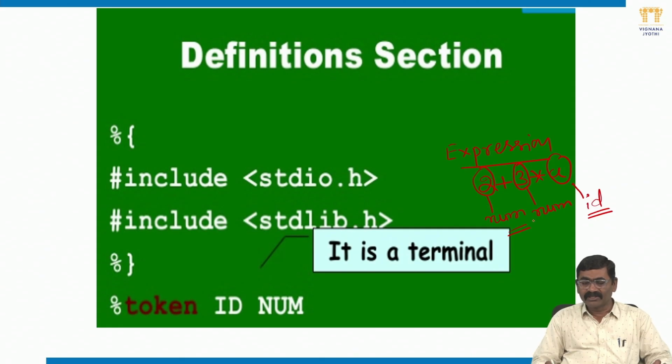So we need to declare the tokens in the declaration section of the YACC program as %token ID followed by NUMBER, because we need number as well as ID. This is how we write the code in the declaration section in the YACC program. This is quite easy to understand.